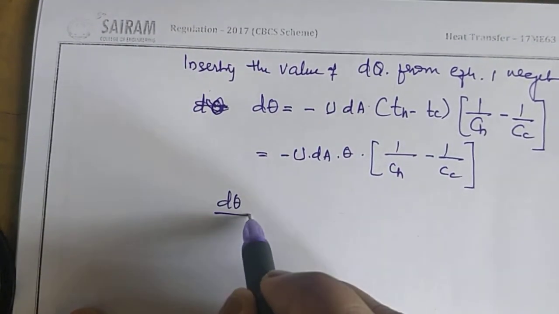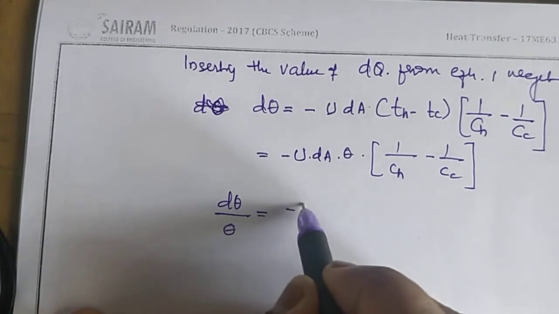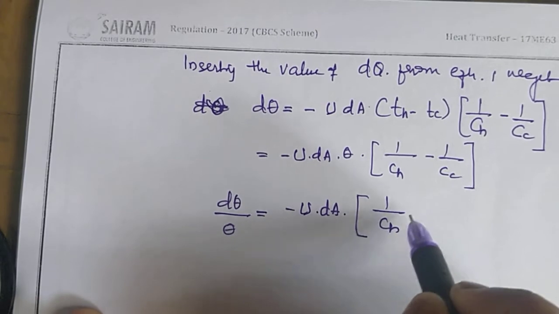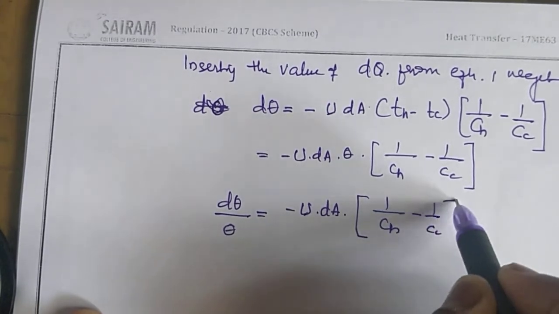So d theta by theta is equal to minus U dA (1 by CH minus 1 by CC).